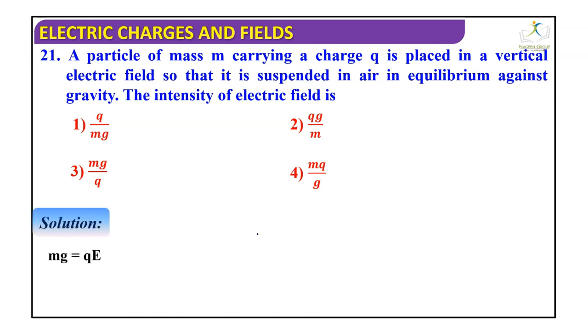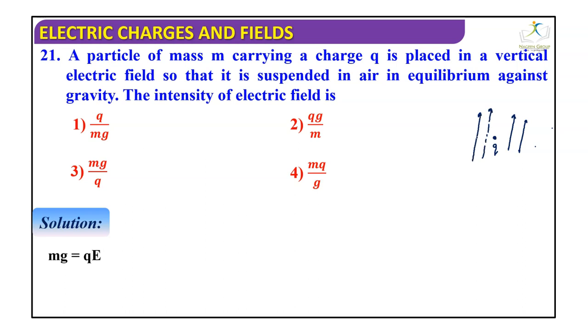So we have a solution. mg is equal to qE. I just want to explain more over there. If we have a particle carrying a charge q and the electric field is vertical, I'm supposing this will be the electric field in the vertical direction.